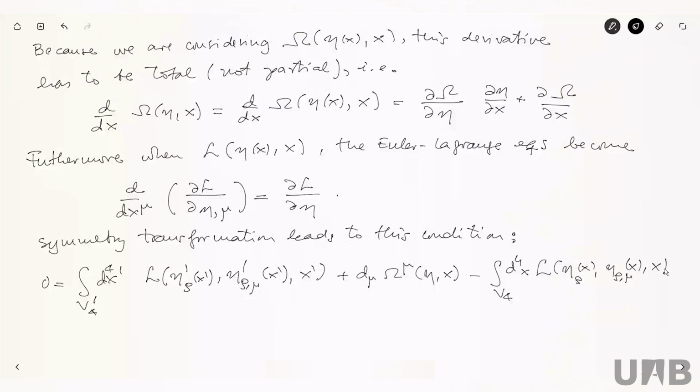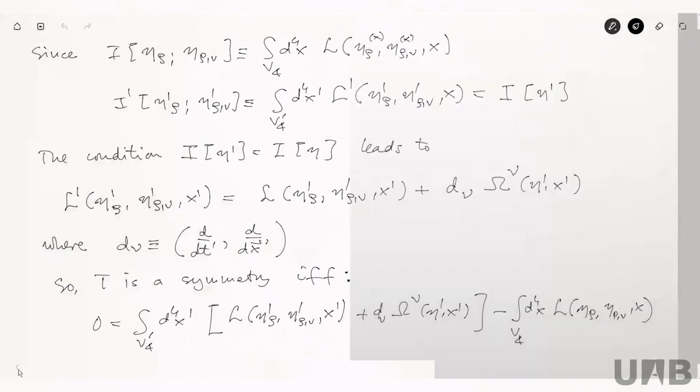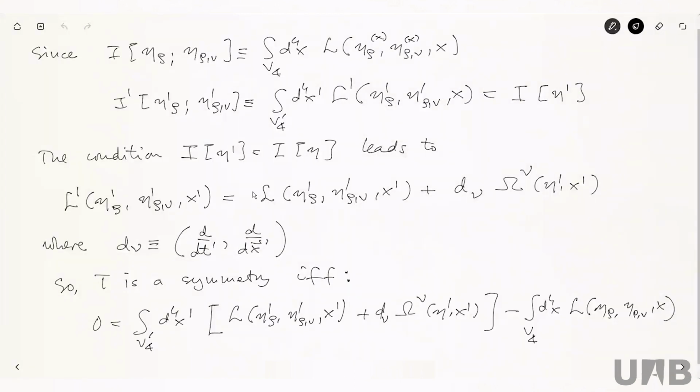Now, the first thing that we can notice is that this new function, omega mu of eta and x, appears because we have done a transformation. If we had not done a transformation, there would be no extra piece.